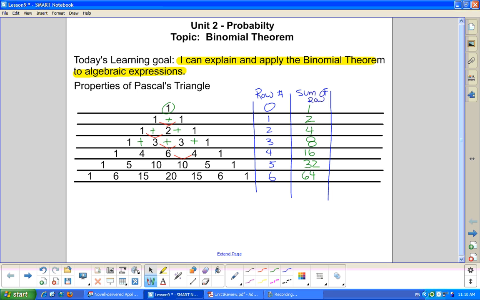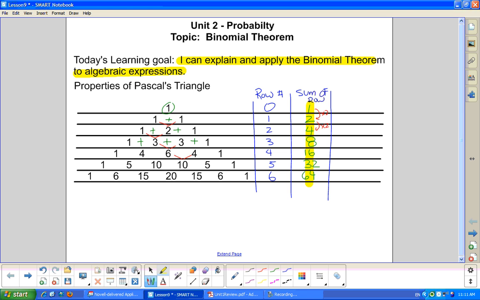What I want you to notice is the pattern between the sum of the row and the row number. If you look down the sum of row, 1, 2, 4, 8, 16, 32, 64, you can see that we're doubling each time.